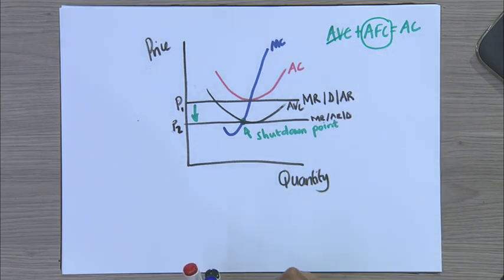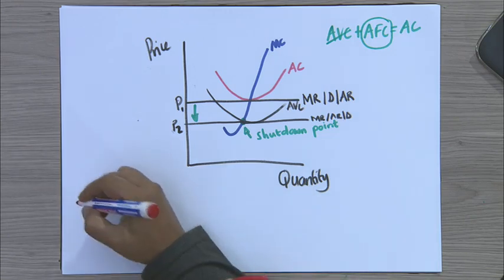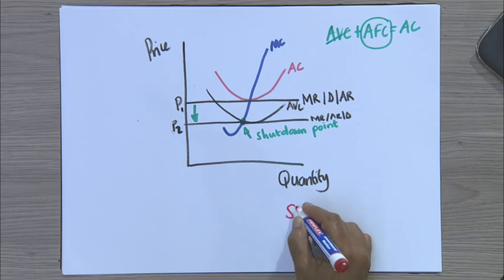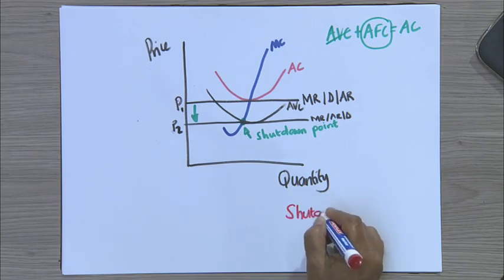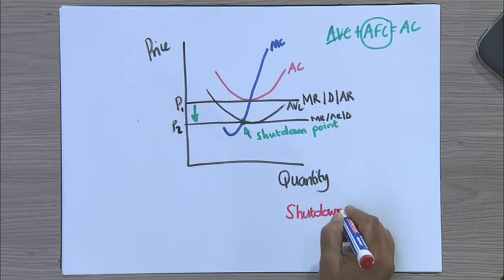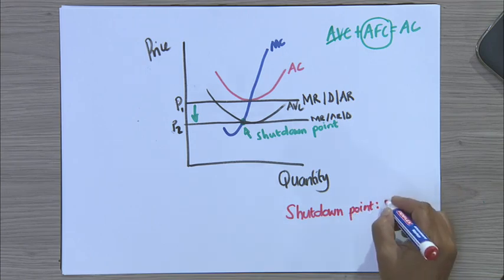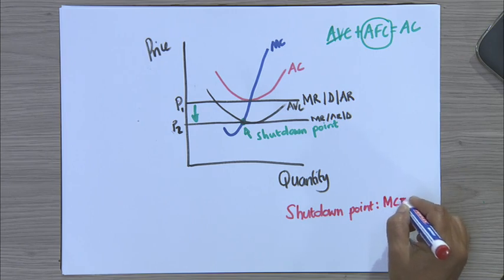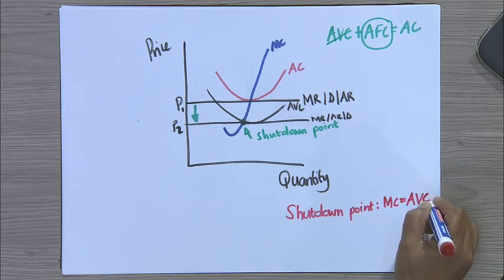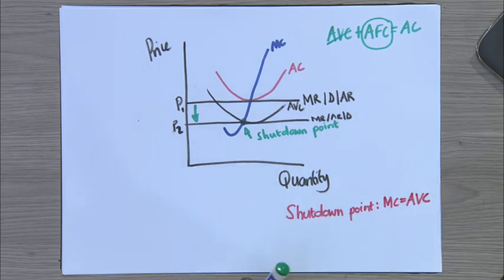So therefore, that is then the shutdown point, right? So your shutdown point, I'll put it here, shutdown point, is where MC is equal to AVC. That represents your shutdown point, right?